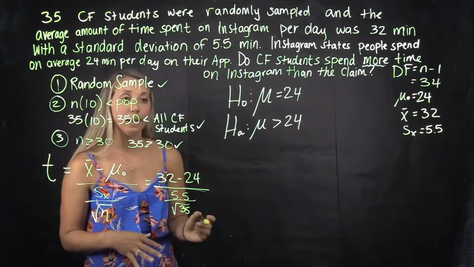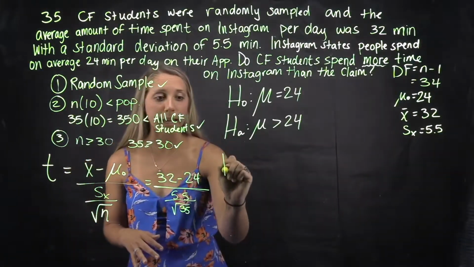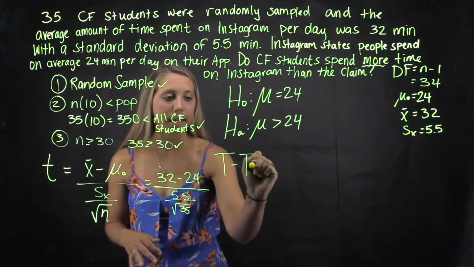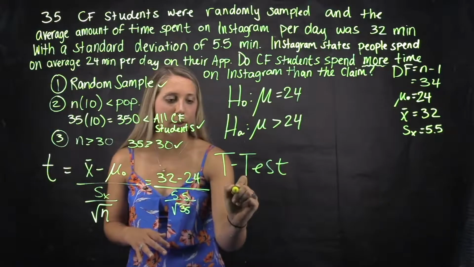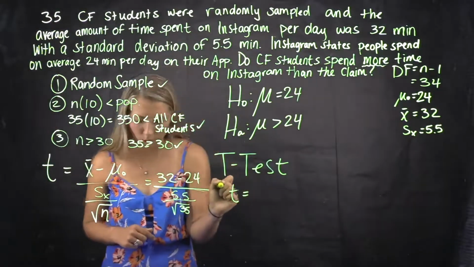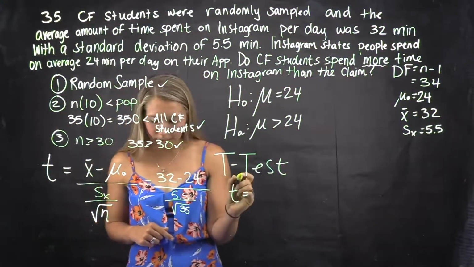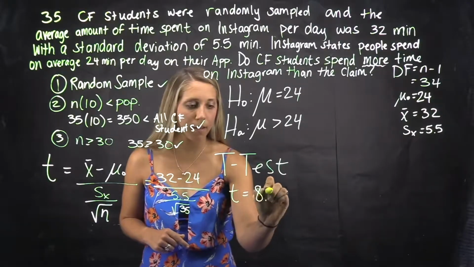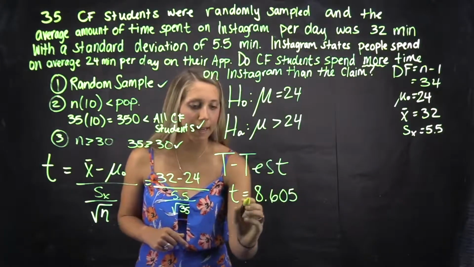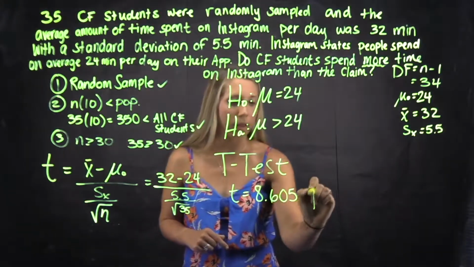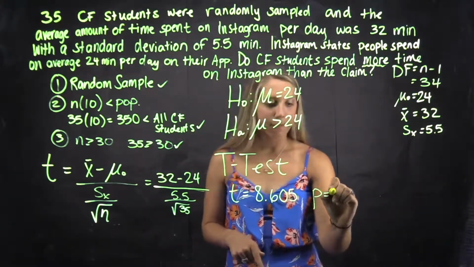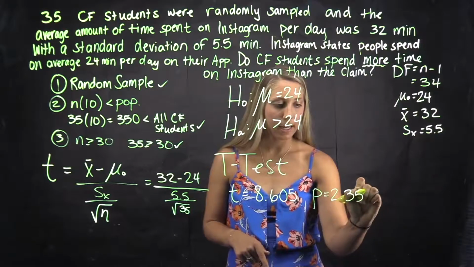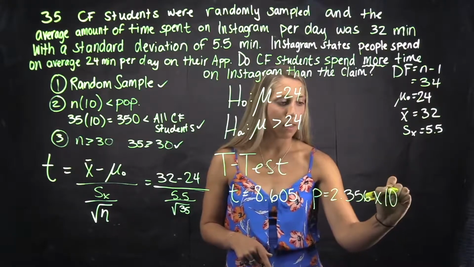You can compute that in your calculator, or you can use the calculator function t-test, and then that's going to give you a t-score of 8.605 and a p-value of 2.356 times 10 to the negative 8th.